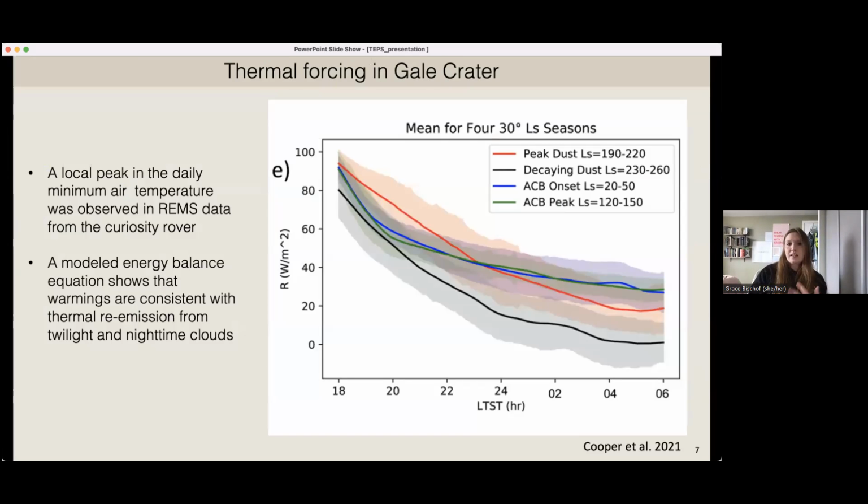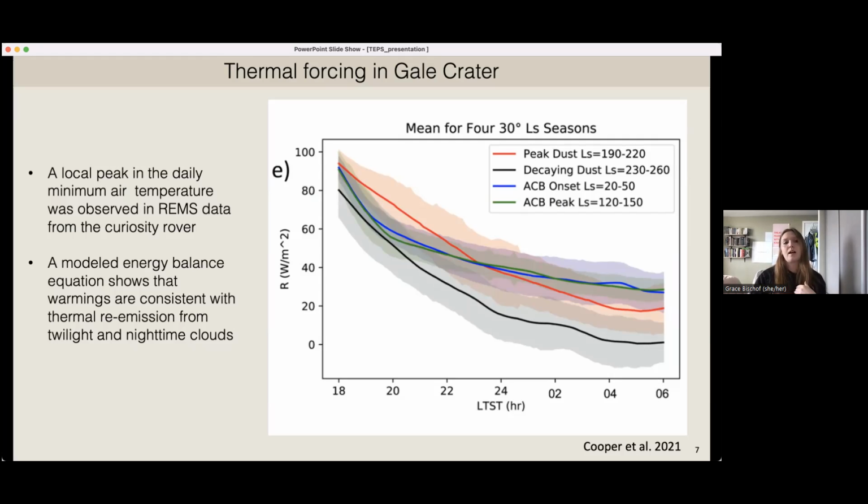This has been seen in the Gale crater where the Curiosity rover is. So Cooper et al. 2021 noticed that during the aphelion cloud belt season, as the temperatures as observed by the REMS instrument on Curiosity are tending to increase, there was actually a local peak in these minimum air temperatures.